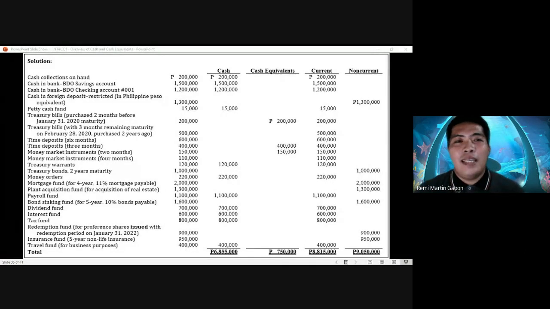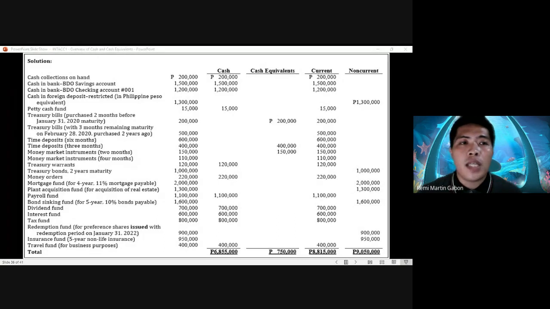Let me explain my solution. Starting with the cash collections on hand. Based sa problem, no other information that relates to cash on hand. No other inclusions, no other exclusions, and no other restrictions.